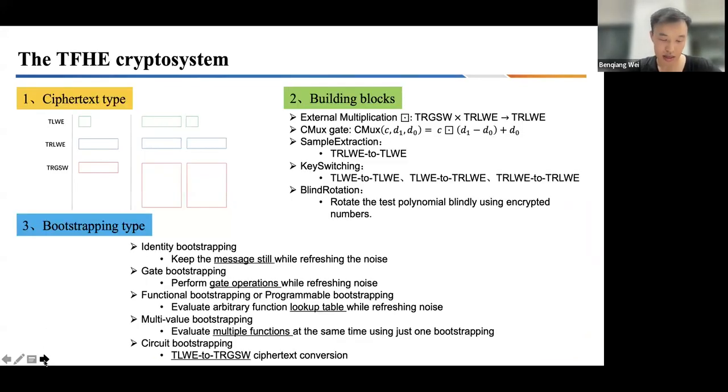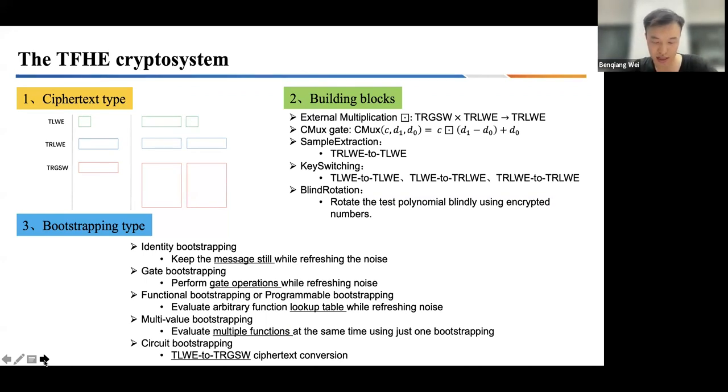So in our paper, we give a fast AES evaluation based on the TFHE scheme, but we explore a very different strategy. Before presenting our work, I want to give you some background about TFHE because our evaluation is based on TFHE.